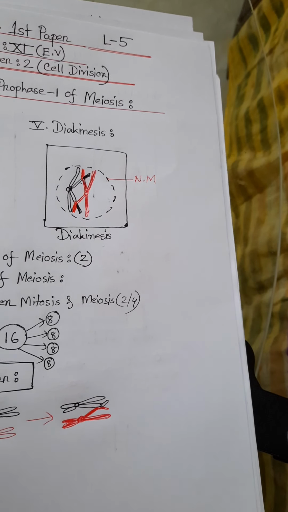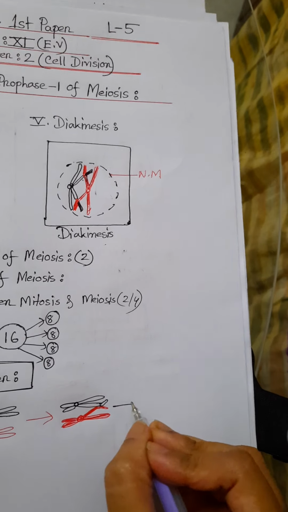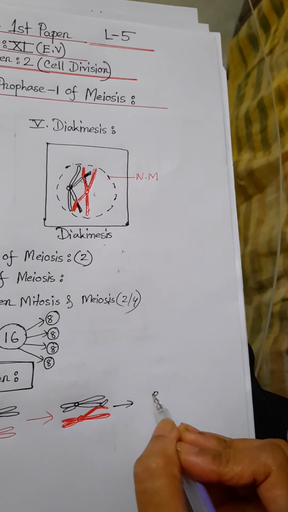They fuse together and break down by the help of the endonuclease enzyme, and crossing over takes place.